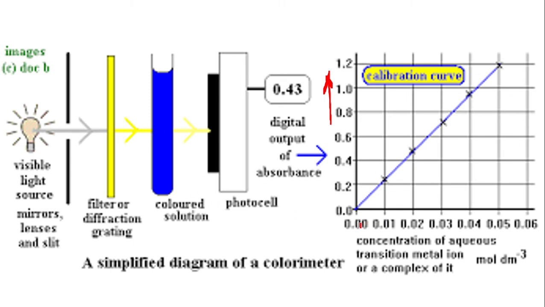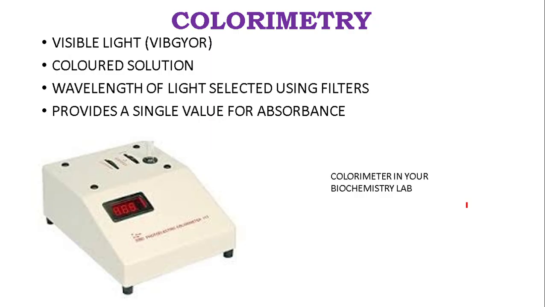For that also we get an absorbance value. That value is found out here and we estimate the corresponding value of concentration. This is how colorimetry is working. This is the colorimeter in our laboratory in the college. It's a very simple and effective machine.